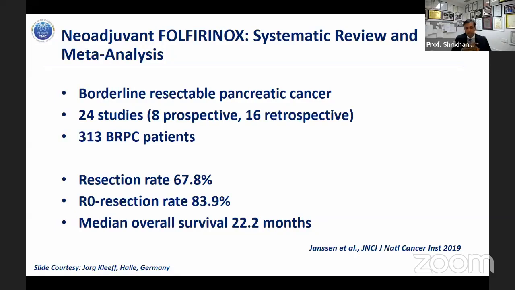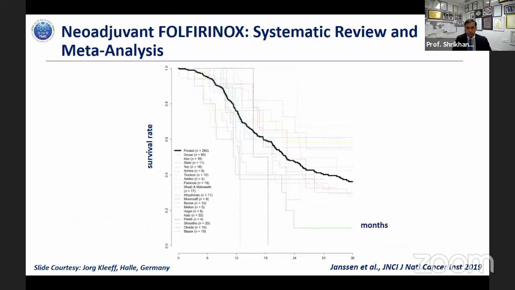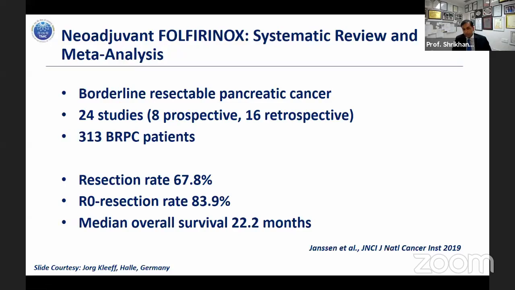And you can see that there is a 67.8% resection rate, a high R0 resection rate, and a very acceptable median survival for neoadjuvant patients who then get surgery after neoadjuvant treatment. So clearly you have benefits of giving neoadjuvant FOLFIRINOX specifically. I'm not just talking of any neoadjuvant, I'm speaking of neoadjuvant FOLFIRINOX.